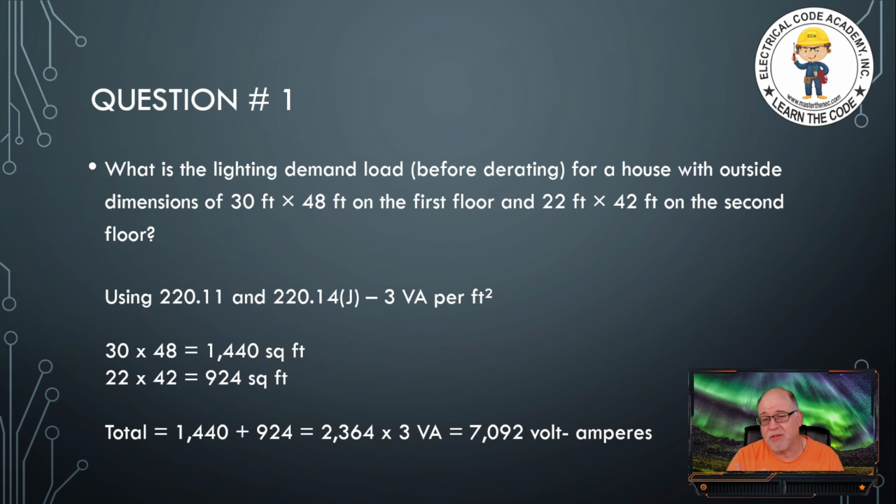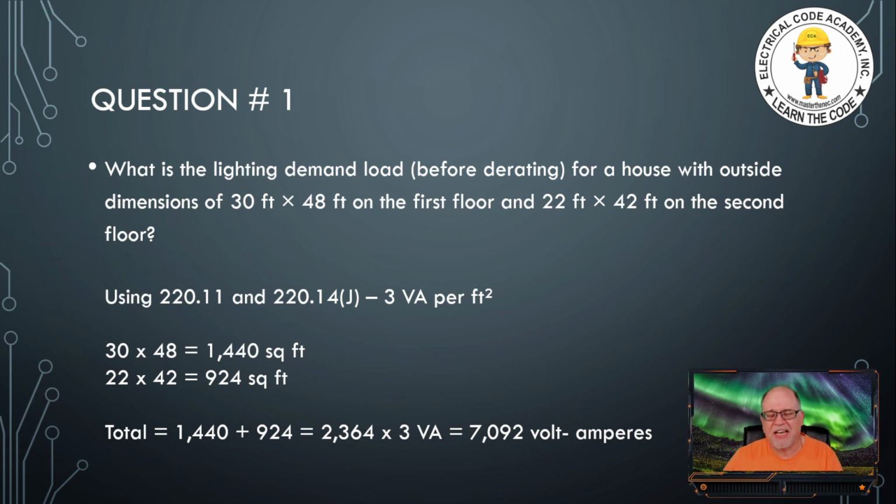And this is obviously trying to calculate out the general lighting, which also, by the way, includes the general use receptacles. That's the receptacles that are in your bedroom, in the living room, basement, things like that. Those are called general use. So if you look at 220.14(J), that's now where you're going to get the rules to be 3 VA per square foot.